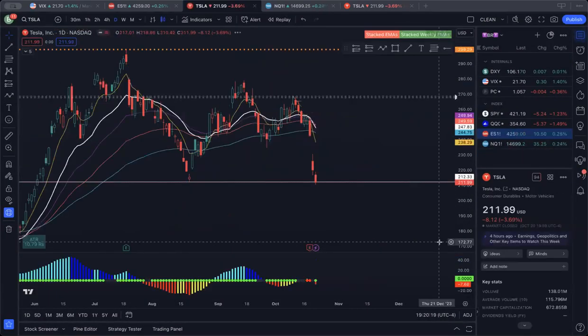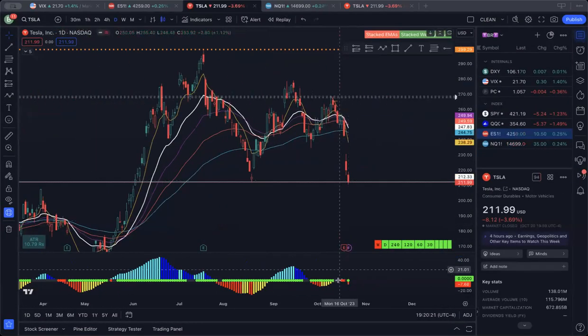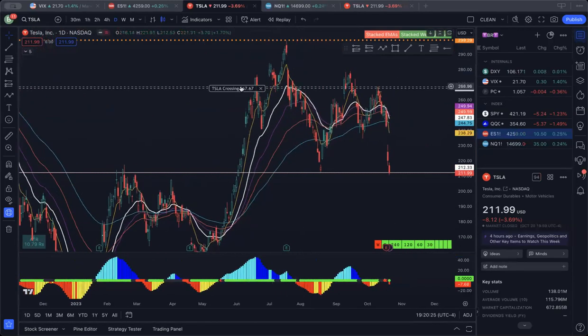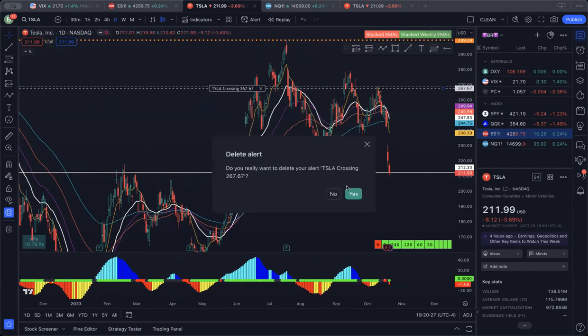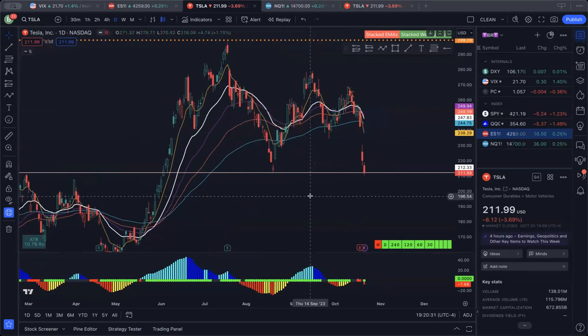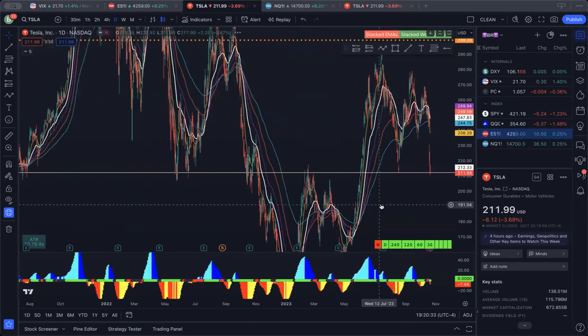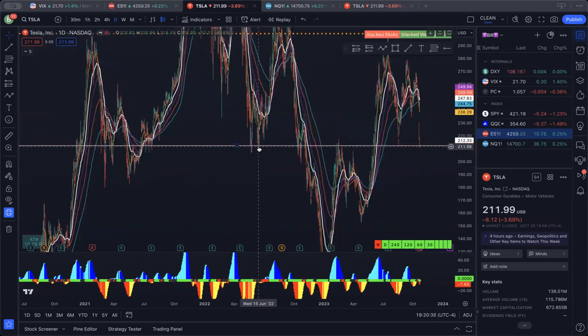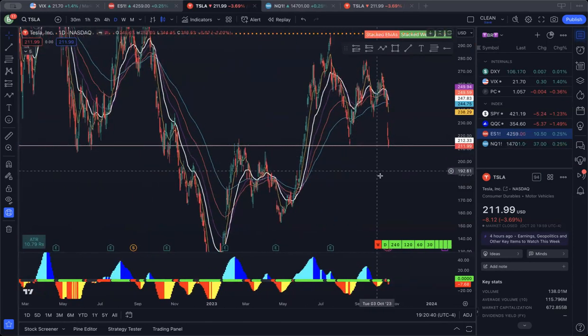Tesla, this one, you had a short squeeze fire off based on the earnings report that came out. So really, there's nothing to do here. The only thing I see that you could potentially do is we have this support here. You can see support, support, resistance, support here.